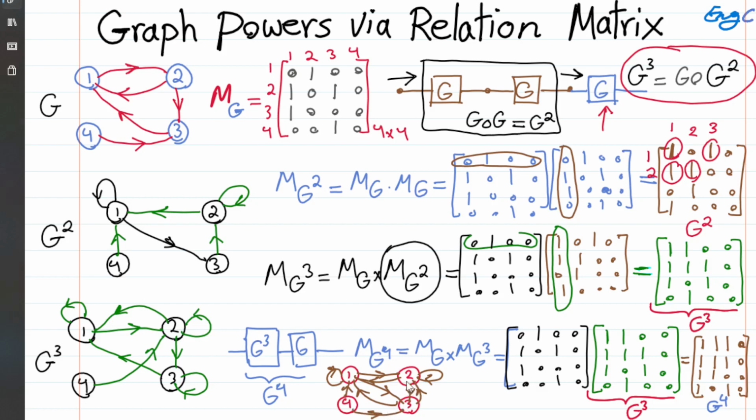So you can see that we have effectively, as shown here, 10 edges corresponding to 10 non-zero elements inside the matrix, and this is the graph representation of G to the power 4.